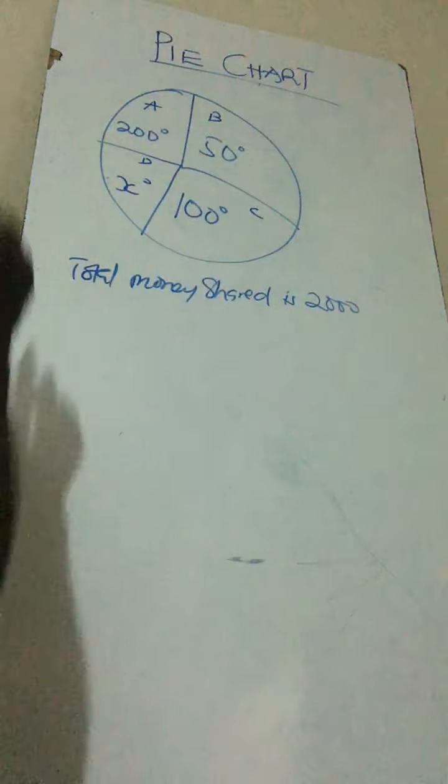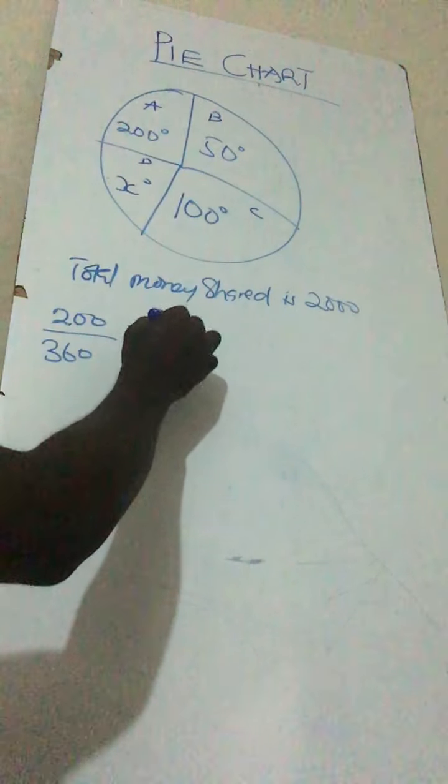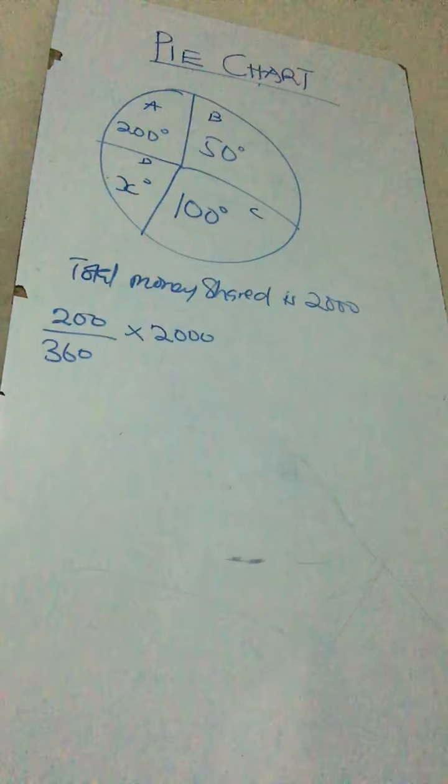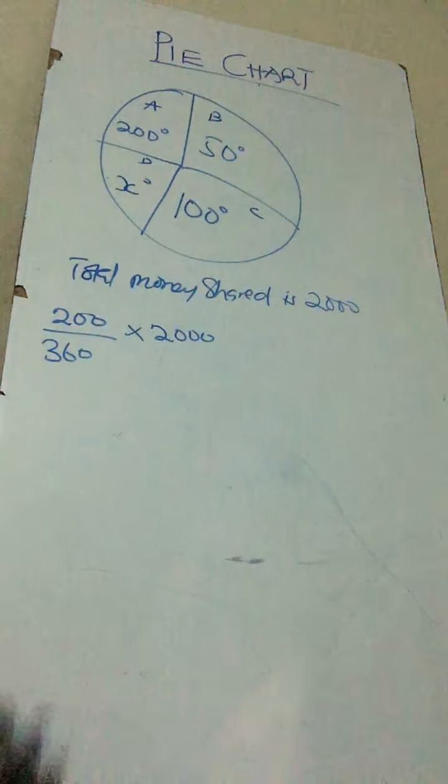A's angle is 200, so 200 over 360 times the money, 2,000. 200 divided by 360 times 2,000, you get 1,111.11.